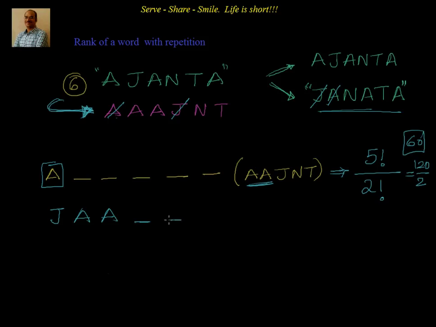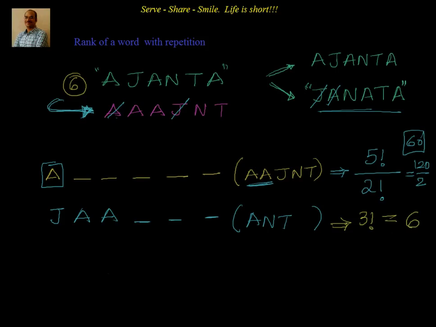How many more slots do I have to fill? 3 more slots. JAA is over, then 3 slots are left, and the letters are A, N, T. With A, N, T you can form factorial 3, which is equal to 6.